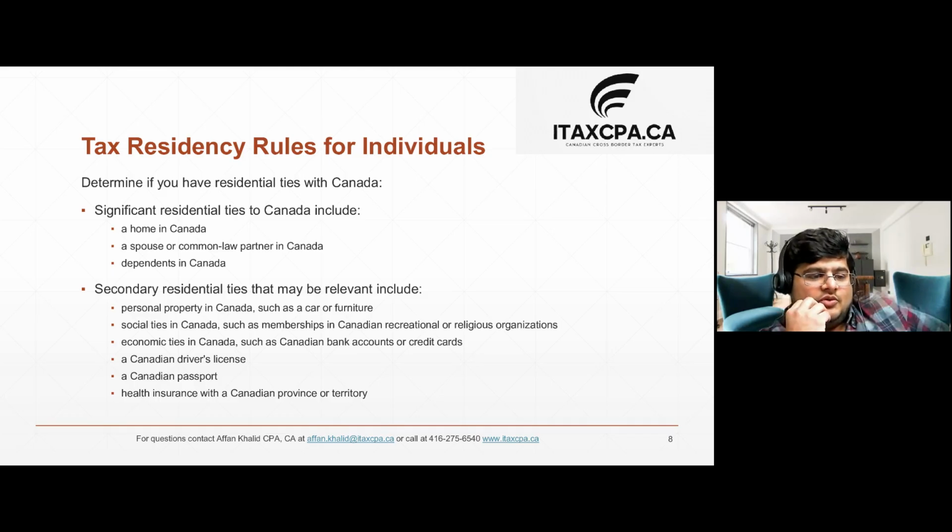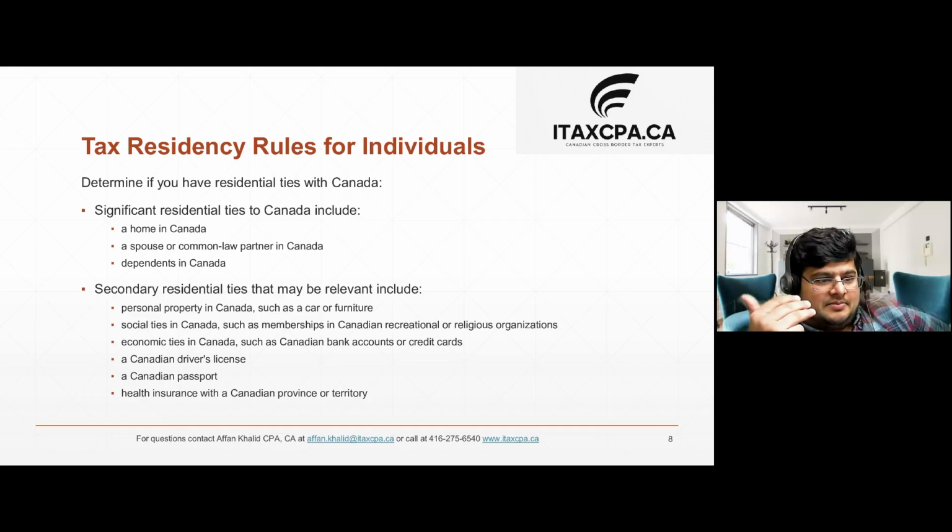A few additional details on residency. For an individual, there are two layers of test. One is the primary ties, and second is the secondary ties. Of course, it's a combination of both, but primary ties matter most. The primary ties are the significant residential ties to Canada: having a home available at your disposal, a common law spouse in Canada, dependents in Canada.